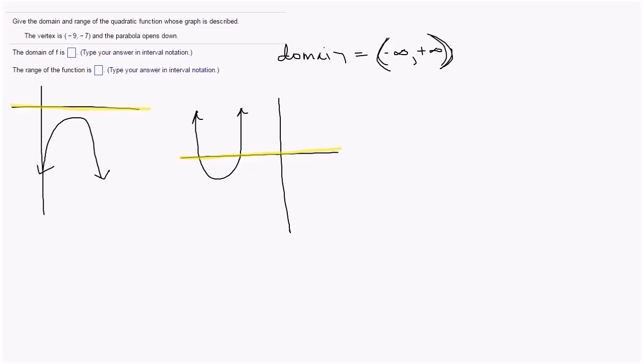It's the range of a parabola that's going to be different. The range of a parabola is all the y values that are included in the graph of the parabola.